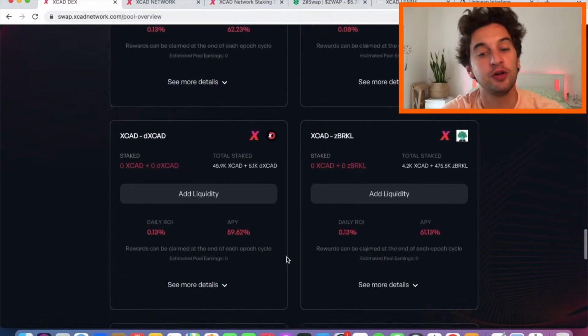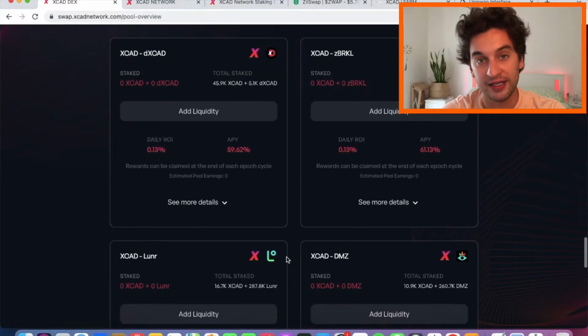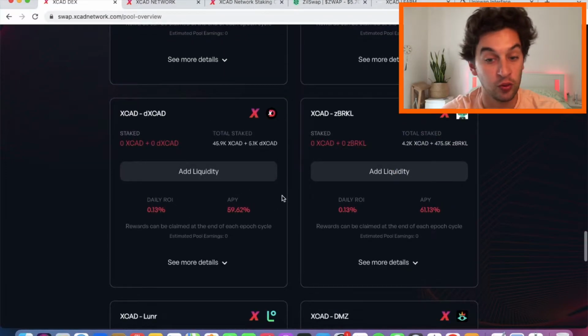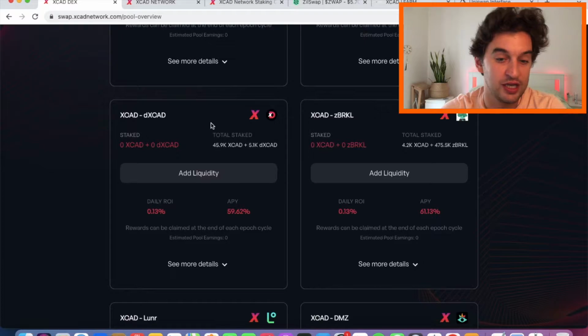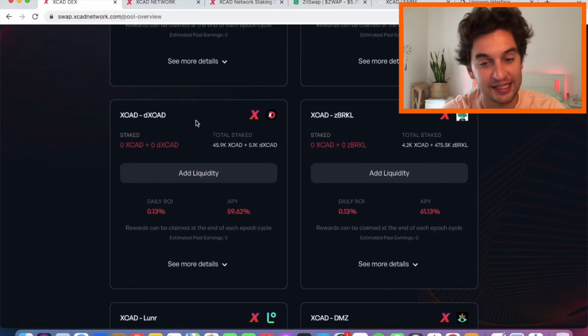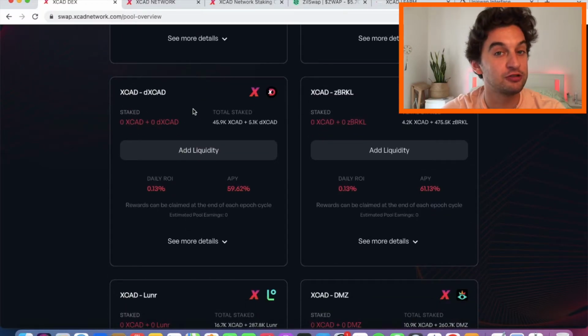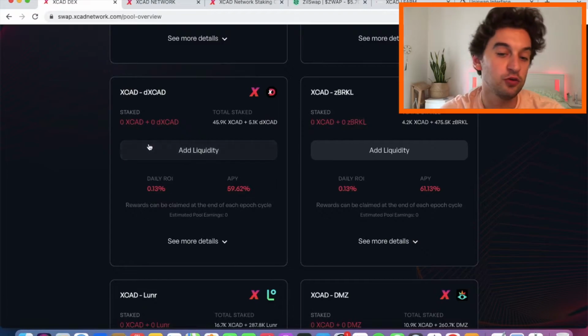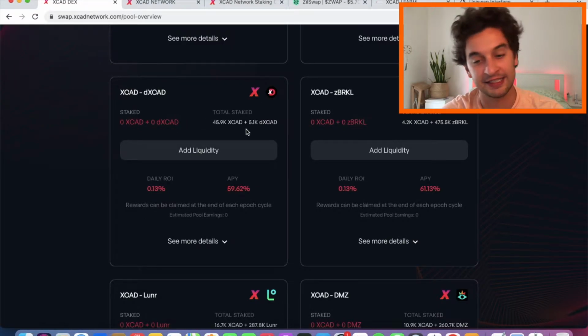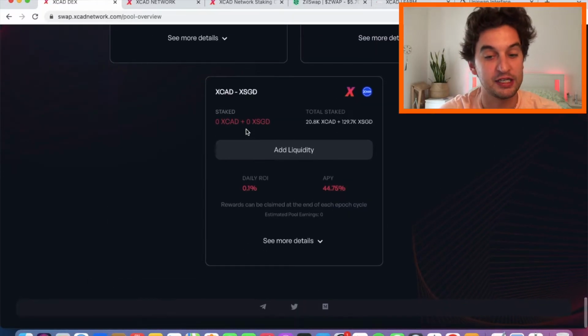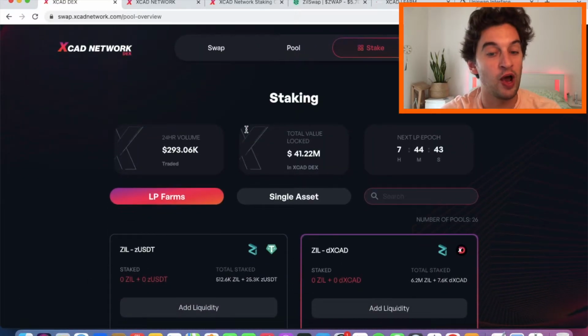So if you have $1,000 that you want to stake and earn rewards, and you want an APY of 60% or a daily return of 0.13, what you have to do is put $500 on XCAD and $500 on the other coin. So this is the first mechanism for the LP that you're able to find here.